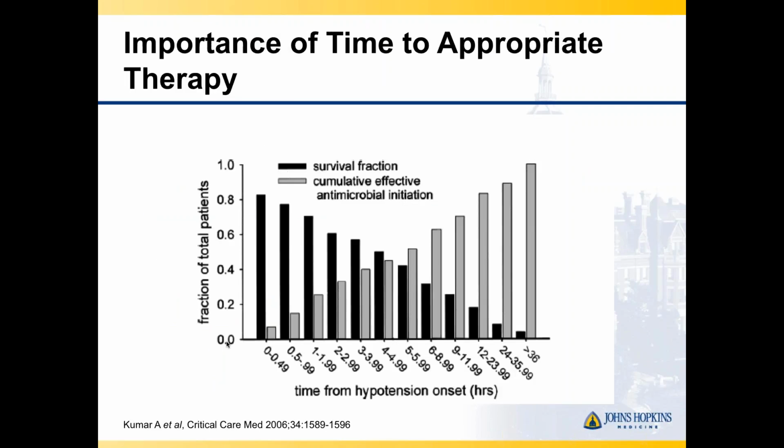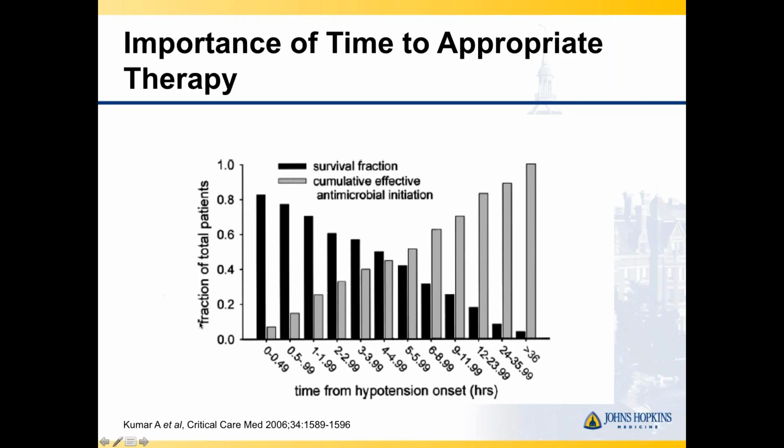So timing of appropriate therapy is extremely important. Most of you are familiar with the Kumar study that suggested that patients who don't receive appropriate or effective therapy in a timely manner have a higher risk of mortality.